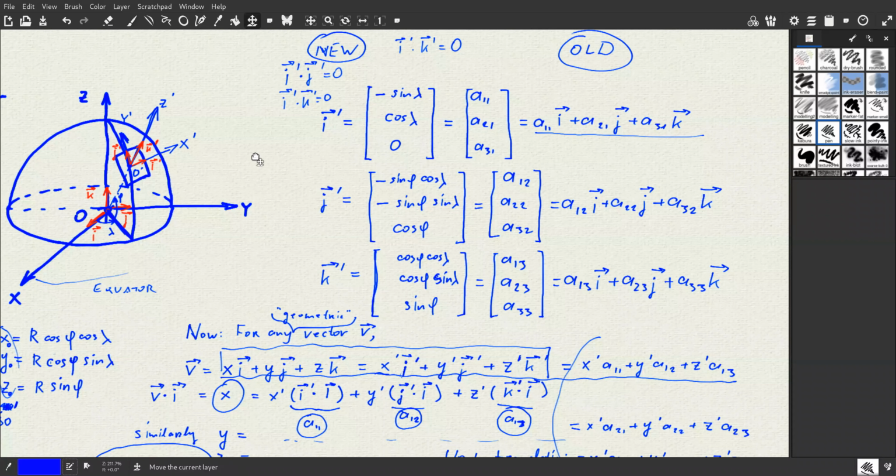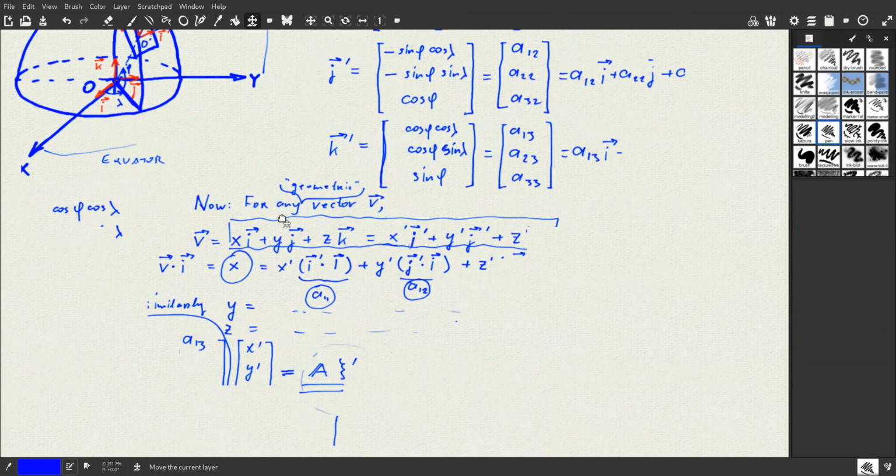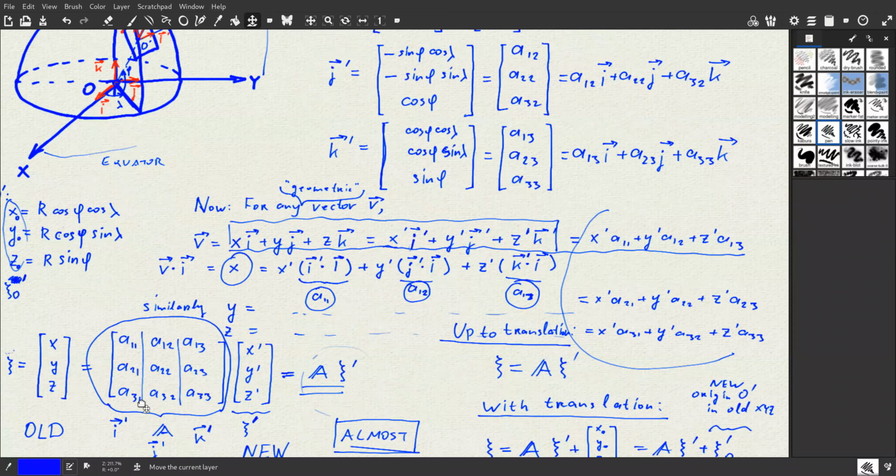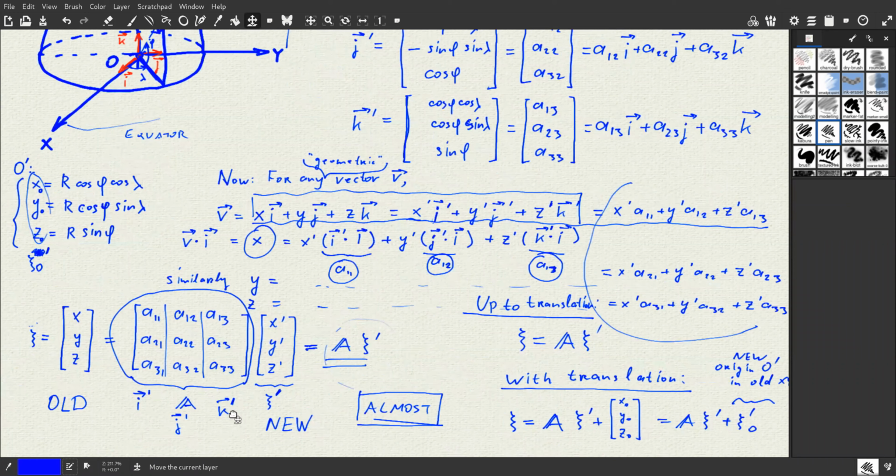Then we made a matrix by sticking these column vectors together, one by one, our i prime, j prime, k prime. And we obtain the matrix A, a matrix of transformation giving us old coordinates via new ones. So now old x, y, z equals this matrix A times new coordinates x prime, y prime, z prime.